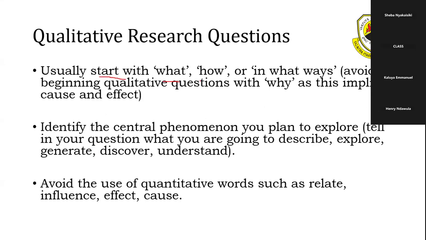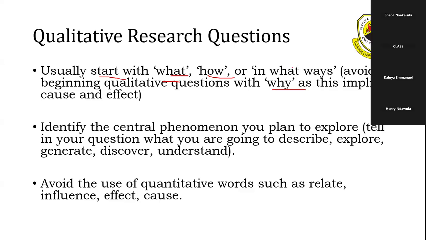Usually qualitative research questions start with things like what, how, or in what ways. That implies exploration. When a question starts with why, it implies there's a cause and an effect. Why is Sheba coming late for classes? Meaning we are looking for the cause of Sheba's lateness.